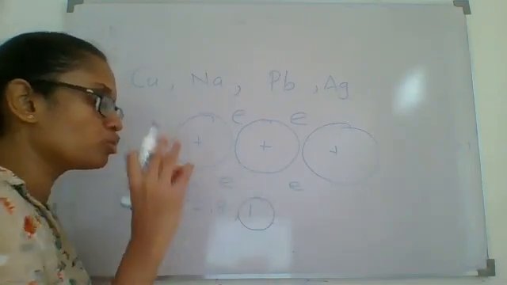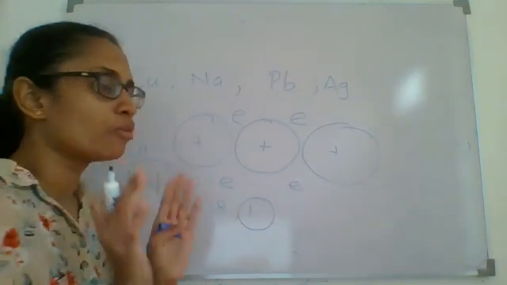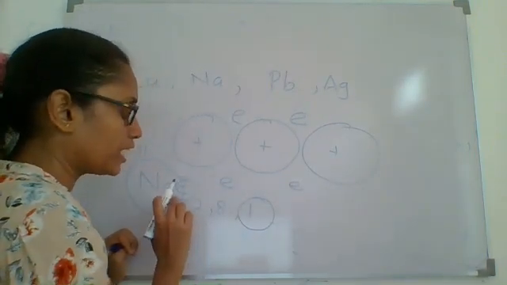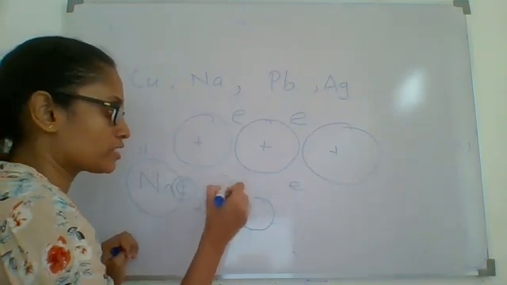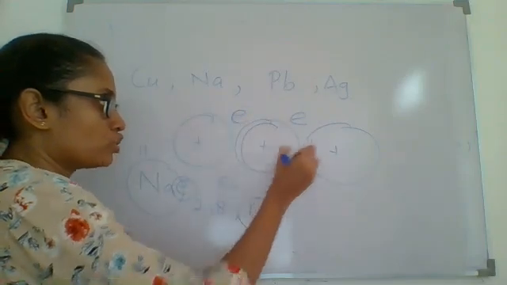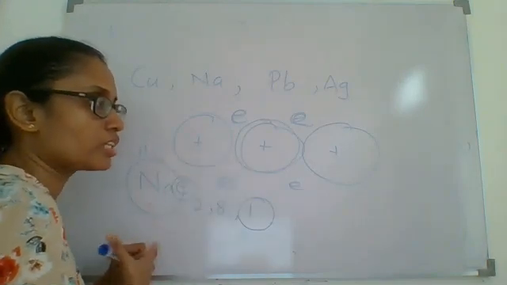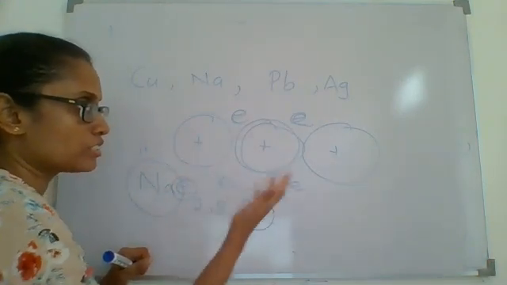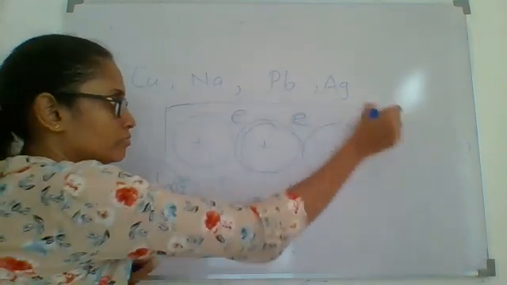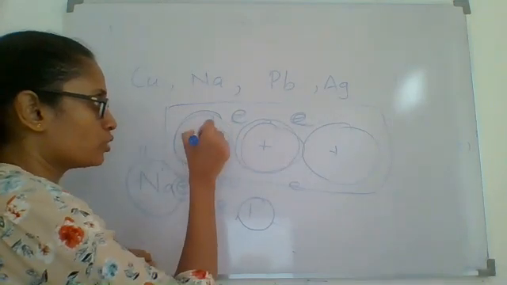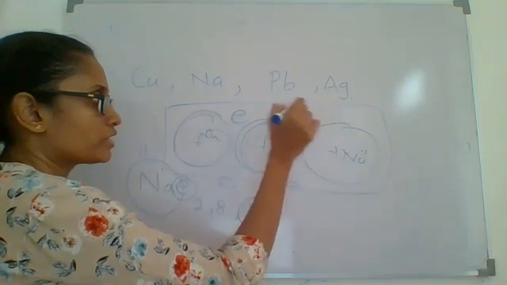If you take a pure piece of sodium, you will have only sodium, but the electron in the outer shell is always removed like this. So in each atom, the electron in the last shell is removed like this. So now the sodium ions are like this, and there are corresponding electrons.